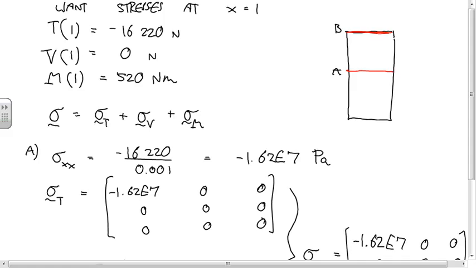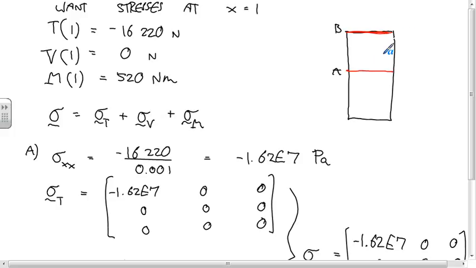Okay. So what's going to change at this line for part B? Is the stress due to tension going to change? In a way, but in another more accurate way, the tension stress is not going to change at that point.